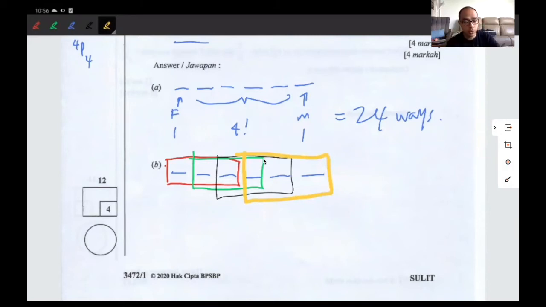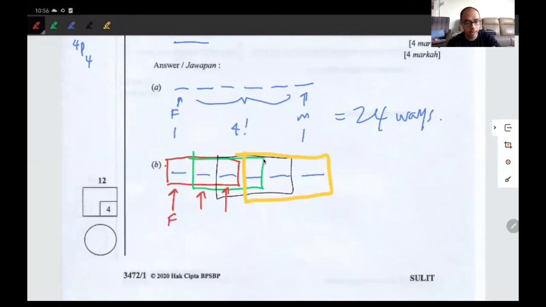Okay, so let's talk about this first. How to put the father, the mother, and the youngest child.